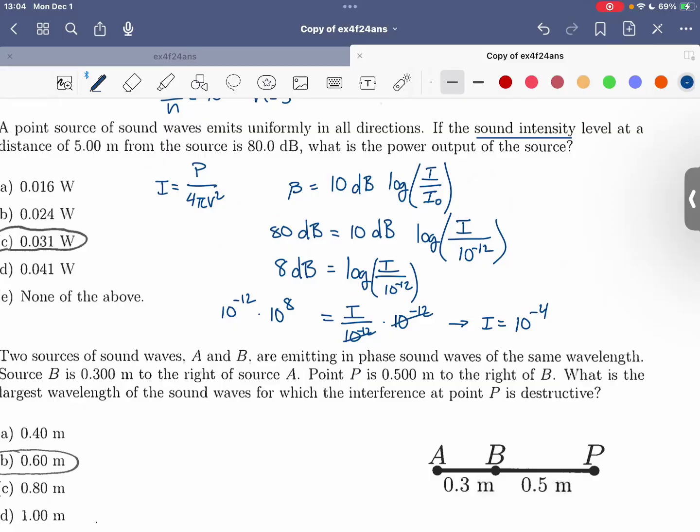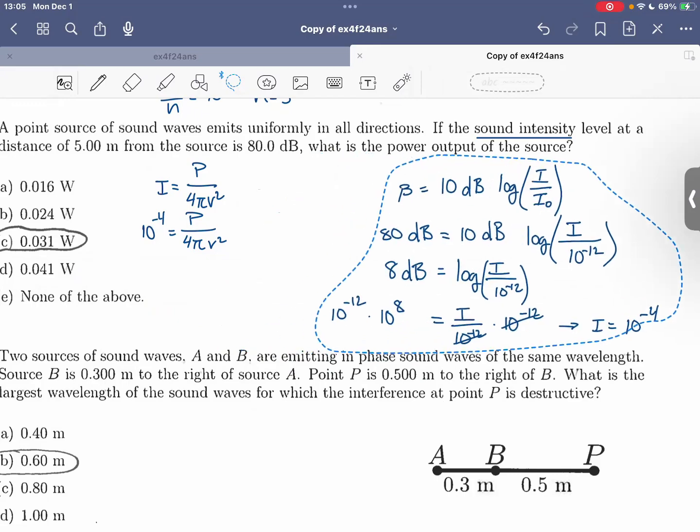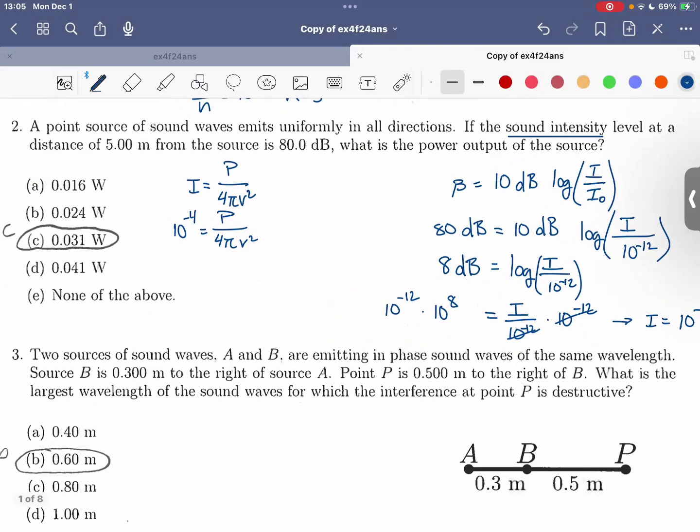Okay, and so now we're going to plug this in over here, and we say 10 to the negative 4 is equal to power over 4 pi r squared. Let's get rid of this arrow and move this over. And when we multiply r squared, which we're going to leave as 5 meters, so 10 to the negative 4 times 4 pi times 5 squared is equal to power.